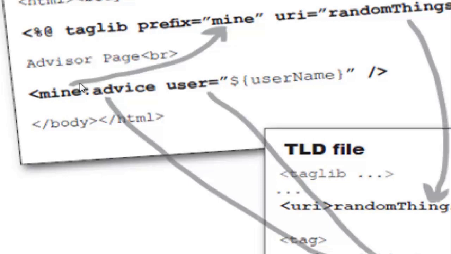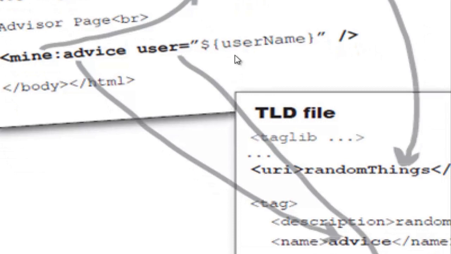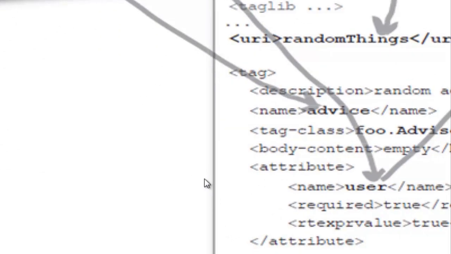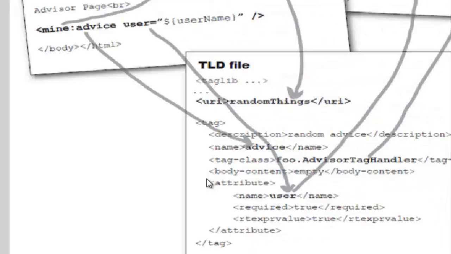So then the compiler will get confused. In that case, what you are saying to the compiler is: if you get that word advice and you don't know its meaning, go to this page, the TLD, and somewhere I will tell you where to locate the actual script behind that word advice. That is what is being done here.